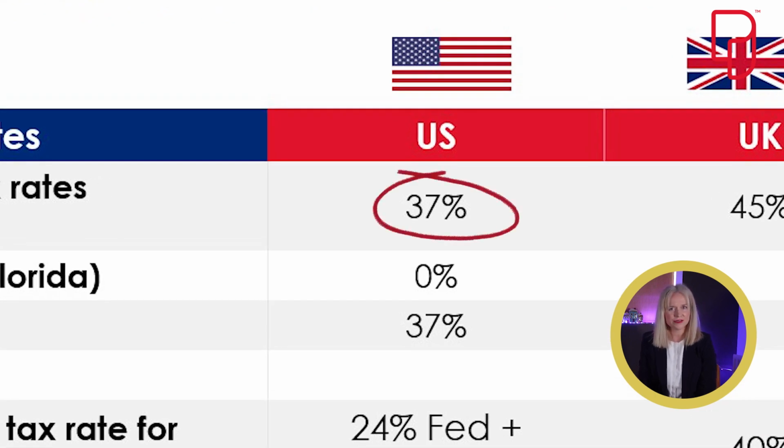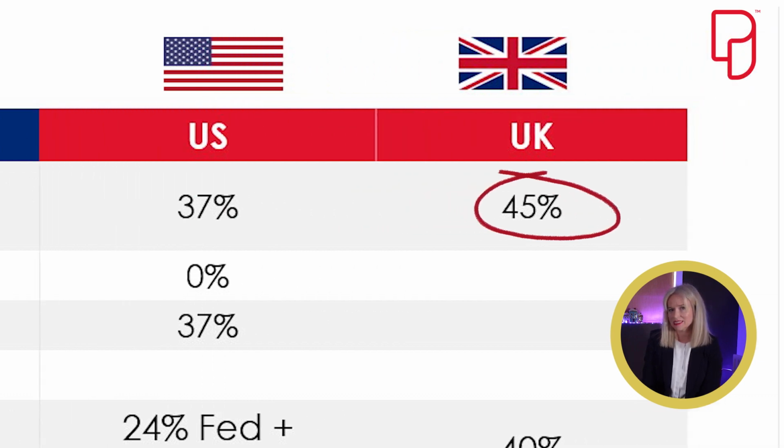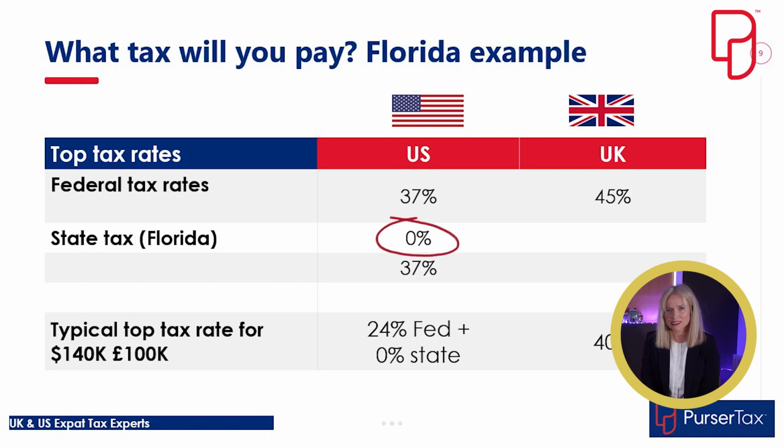Compare that to the UK, where our highest rate of income tax is 45%. However, as Simon pointed out, depending upon which state you live in, you may incur additional local state taxes. In Florida, the rate is 0% on state, which means, of course, the total amount of tax you're going to pay on your income at the very highest rate remains at a total of 37%.